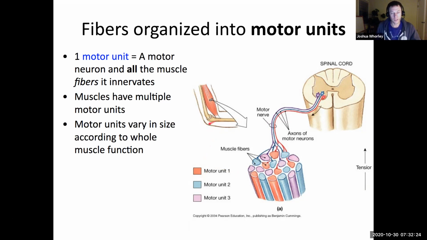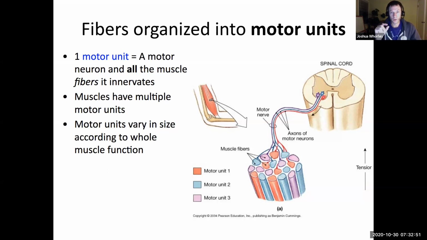We'll see that motor units vary in size according to the function of the muscle. Some muscles that are big prime movers of the body have huge motor units. In other words, a single motor neuron might be contacting 1,000 muscle fibers, and others that are responsible for very fine movements, like those of your eye, for example, or even some in your forearm that control the movement of your fingers, have far fewer muscle fibers.